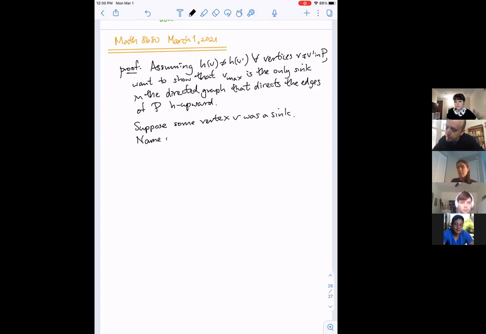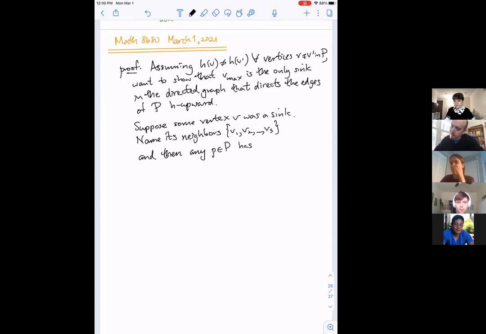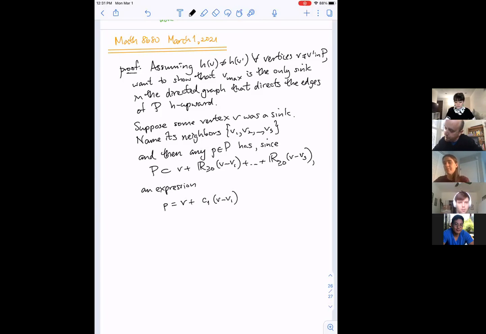Name its neighbors along edges V1, V2 up through Vs. Any point in the polytope, since P is contained in this vertex cone, has an expression as p equals v plus some non-negative constant times (v minus v1) plus dot, dot, dot, plus a non-negative constant times (v minus vs).